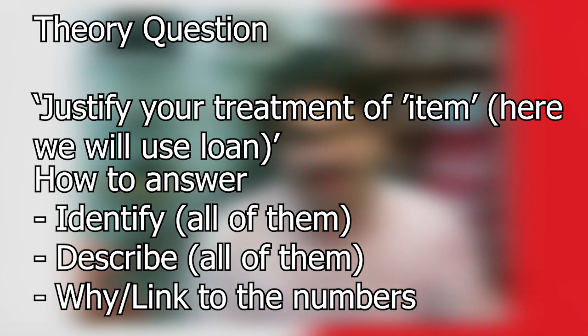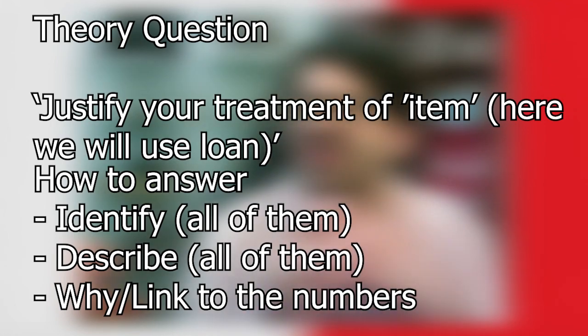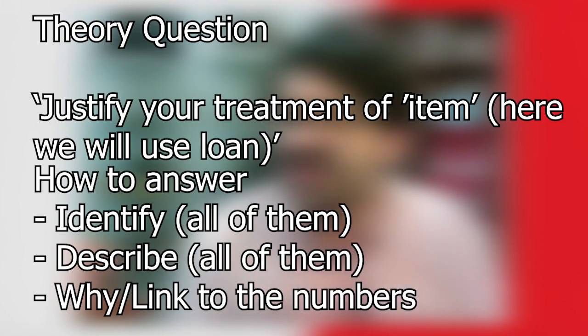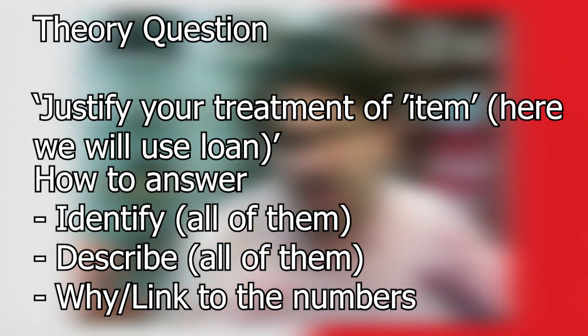And that 30,000 is not due until a year after. So that's where that would come in, and you can get any of those. You might get justify your treatment of the GST account, justify your treatment of the bank, inventory, car. It can be anything, accounts payable. You've got those options.